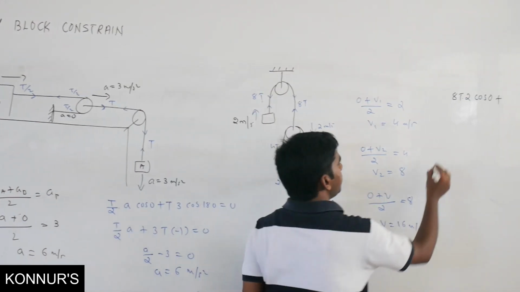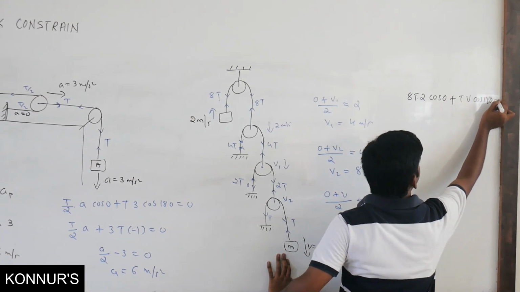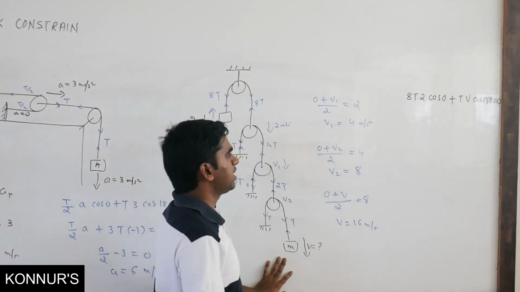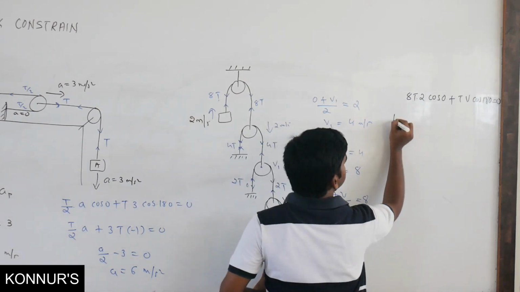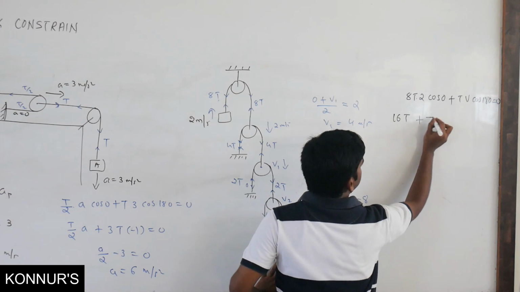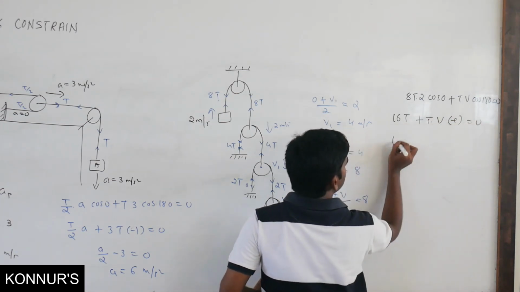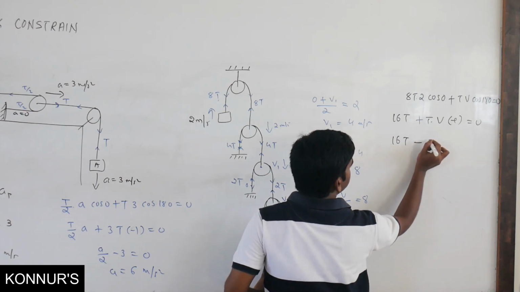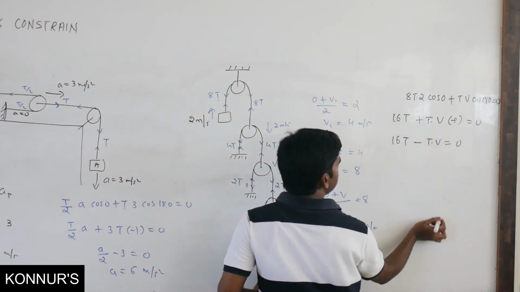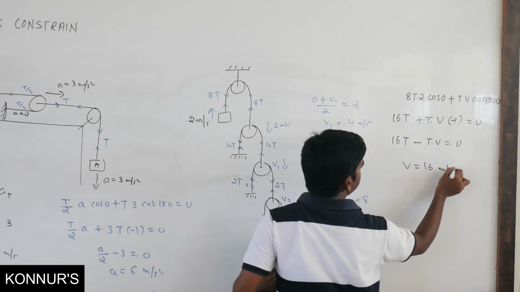So it will become T into V cos 180 equals to 0. So 16T cos 0 means 1, plus T into V cos 180 is minus 1, equals to 0. So 16T minus TV equals to 0. T will go. So V equals to 16 meter per second.